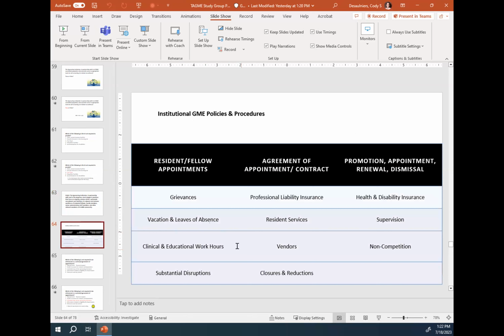And then there's the agreement of appointment contract with professional liability insurance, resident services, vendors, closures, and reduction. And then the promotion, appointment, renewal, dismissal with health and disability insurance, supervision, and non-competition.